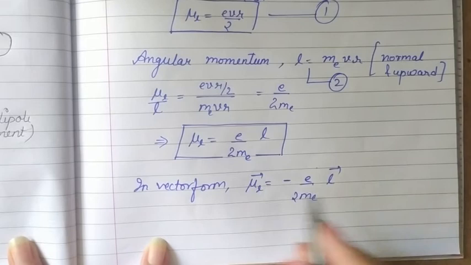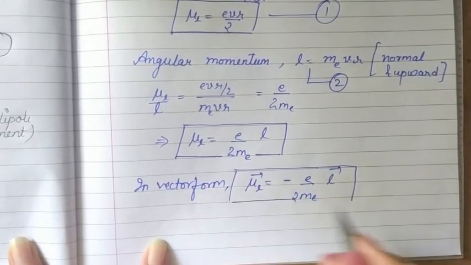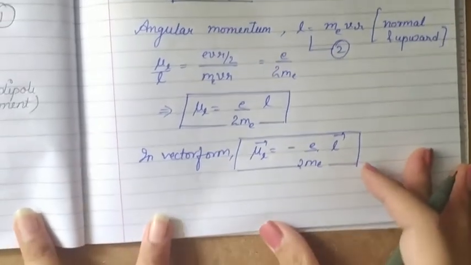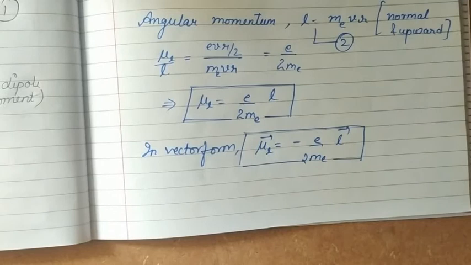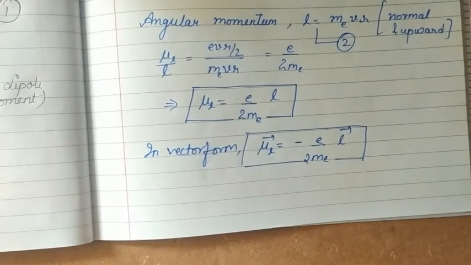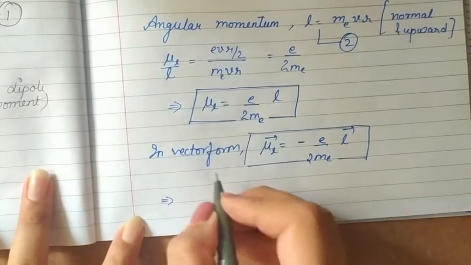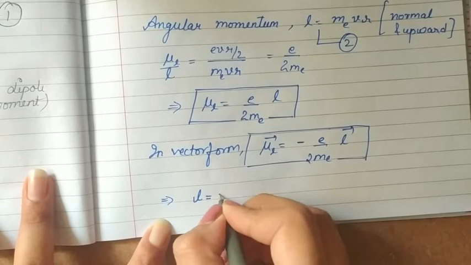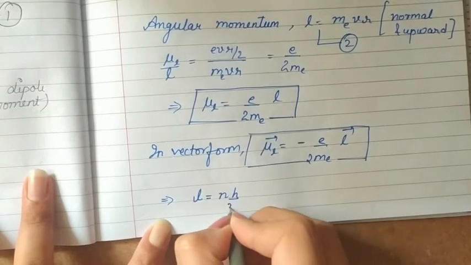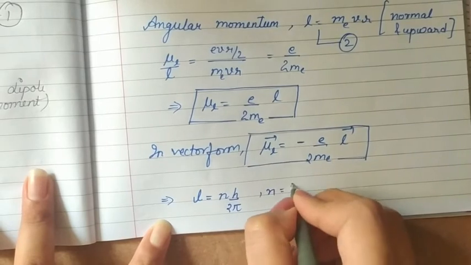Now again, if we apply Bohr's quantization condition here, then we know that only those orbits are permitted in which angular momentum is an integral multiple of h upon 2 pi. That means according to Bohr, this angular momentum is equal to n h upon 2 pi, where n can be any integer.